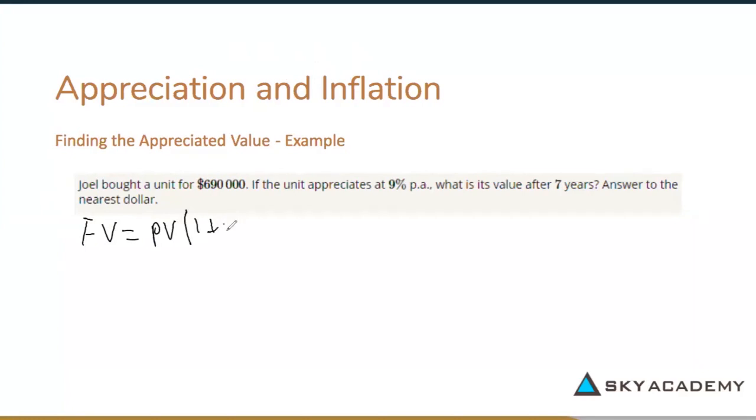Our second step would be to fill in what we know. We don't know what the future value is, it's what we're trying to find, but we do know the present value.